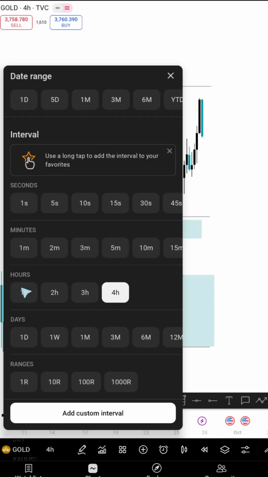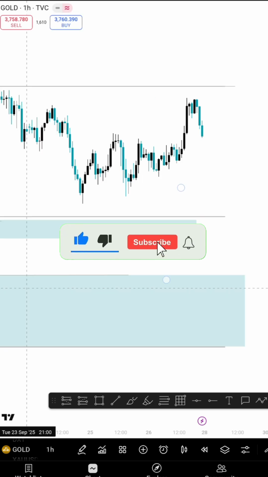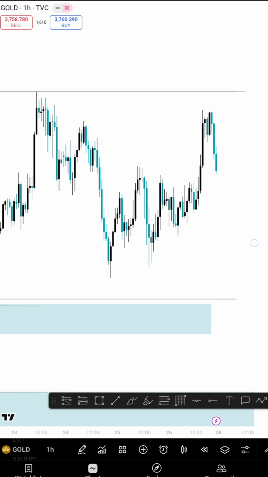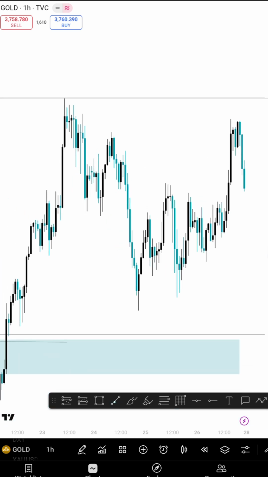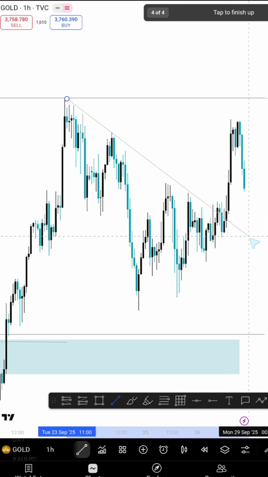So let's check the 1 hour. Let's check the current price action. Alright, so on this 1 hour, we have a trend line here.